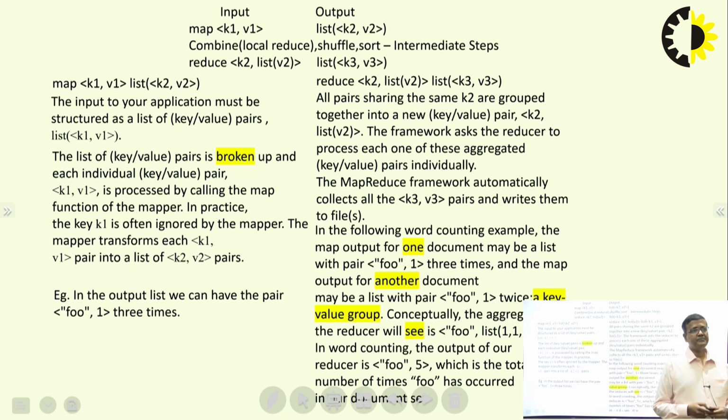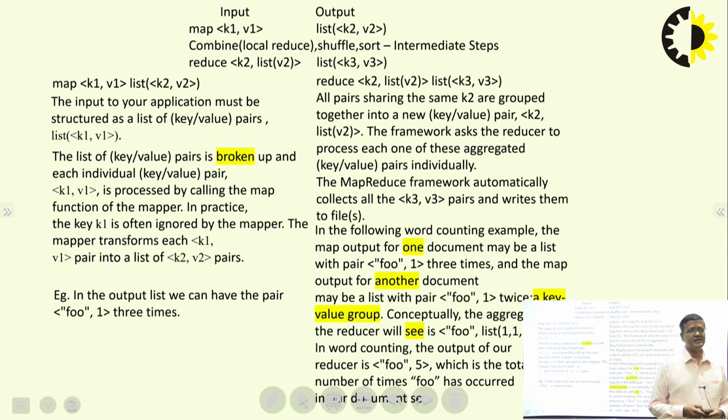So in map, if we see on the right side, the map function transforms key value pairs into a list of key value pairs. The input to your application must be structured as a list of key value pairs, and the list is broken up, and each individual key value pair is processed by calling the map function of the mapper.